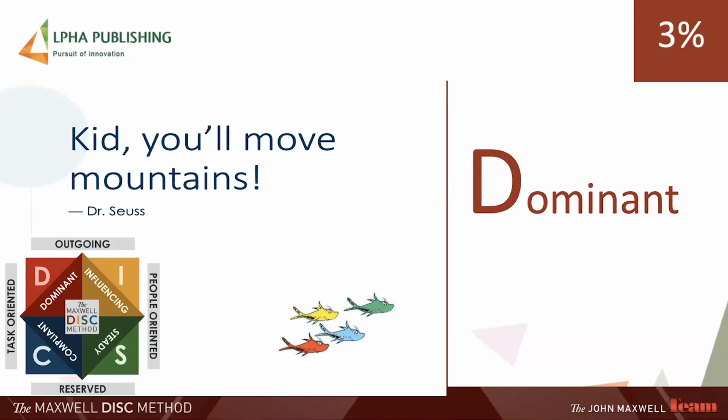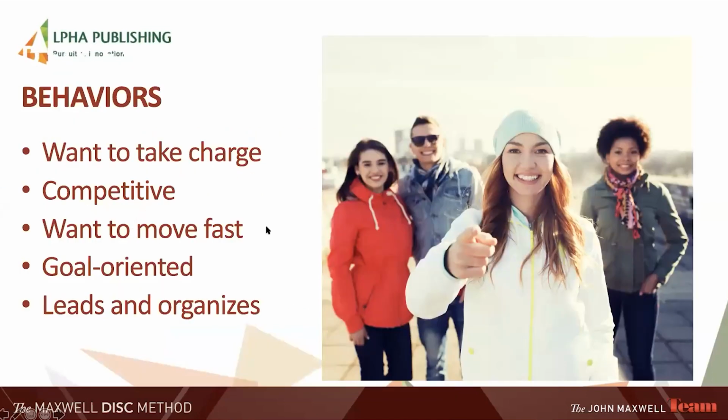They are the head of the sports team. This student is going to produce results in the future. The behaviors that you'll notice: they'll want to take charge. They're extremely competitive. They get upset when they lose. They want to move fast. They're goal-oriented. They lead and organize.